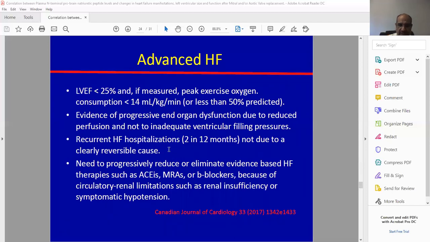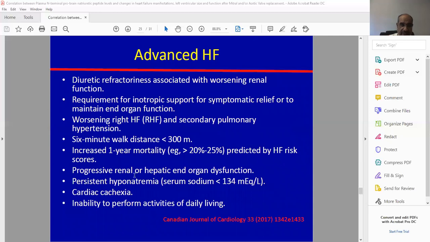These are patients with an advanced heart failure state, and they usually have a very low ejection fraction with very low peak exercise oxygen consumption, and also they have evidence of target organ or progressive organ dysfunction. They have recurrent presentation to the hospital. They also usually need progressive increase in the evidence-based therapies like ACE inhibitors, ARBs, beta blockers, or sometimes you face difficulty in up-titration of these medications. These are the criteria of advanced heart failure.